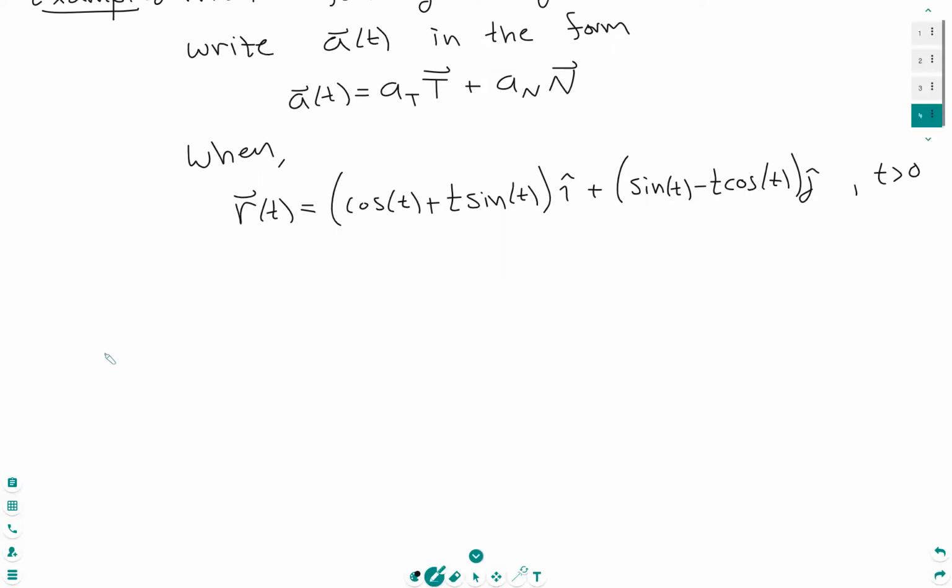So a lot of the definitions we've talked about involved the velocity. So let's go ahead and find the derivative here.